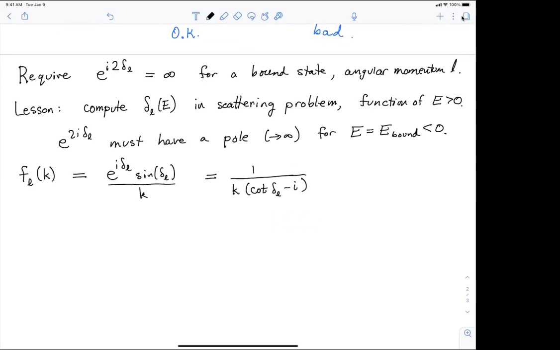Okay, so let's consider in particular the case where L equals 0. And let's consider what happens when the energy goes to 0. One thing we learned from examples before is that the cross-section, and therefore the scattering amplitude, approaches a constant.